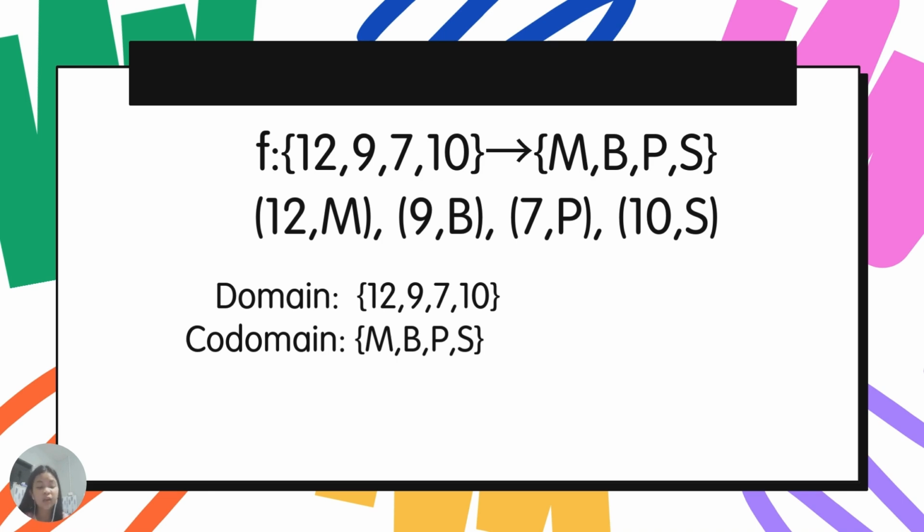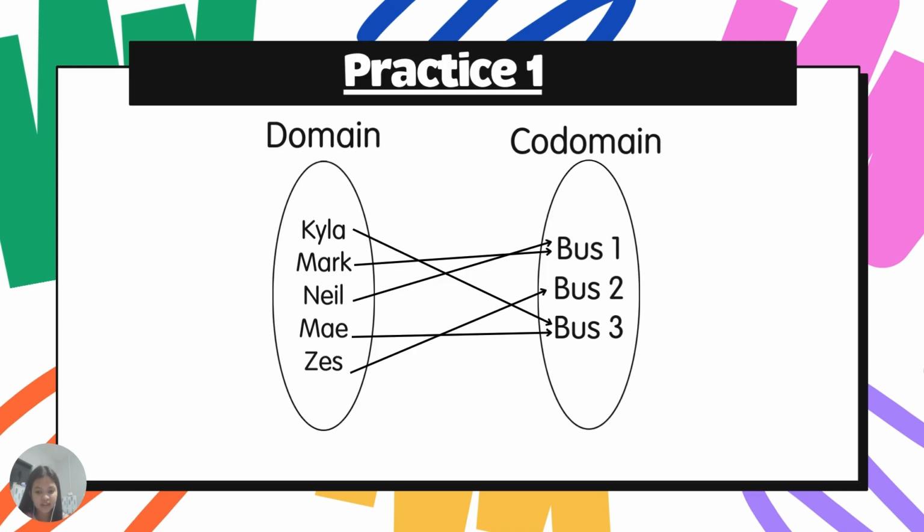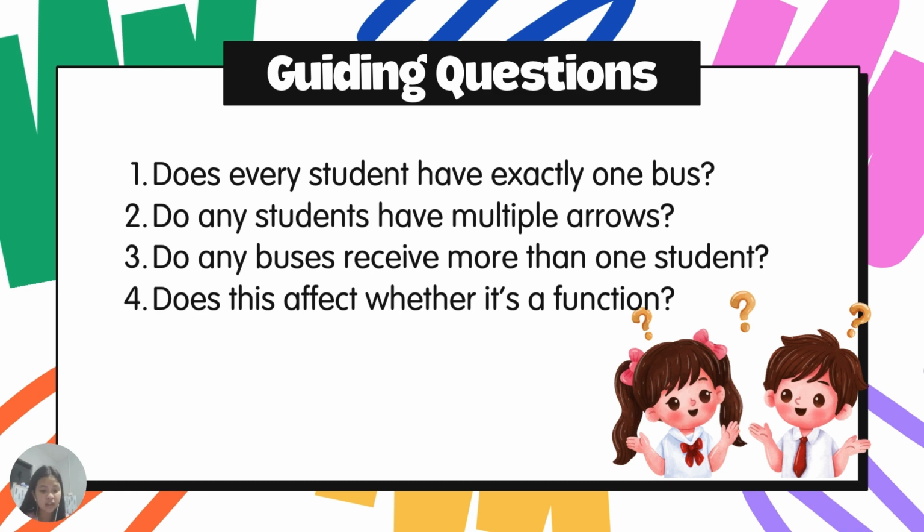So the range is also all of the codomains that are present, because all of the codomains have a partner. We'll apply the same reasoning to a real life situation, students assigned to buses. Let's analyze it carefully. Take a screenshot of this arrow diagram and think critically using these questions.